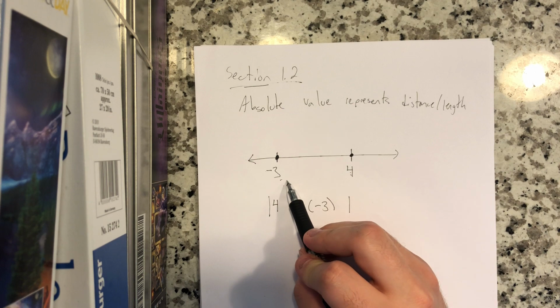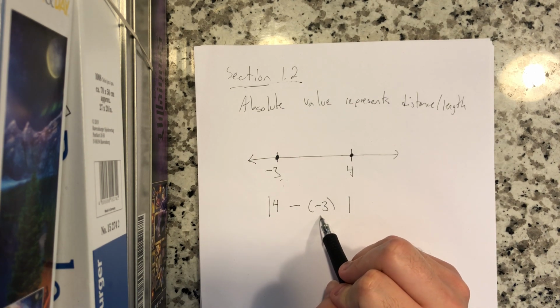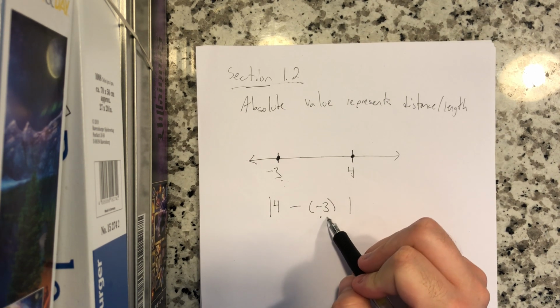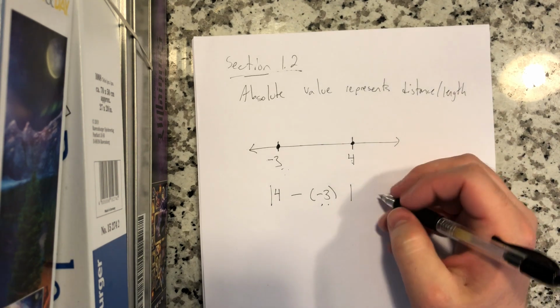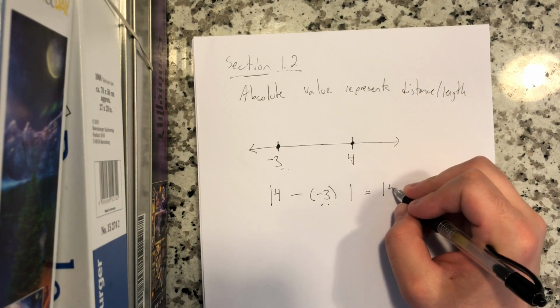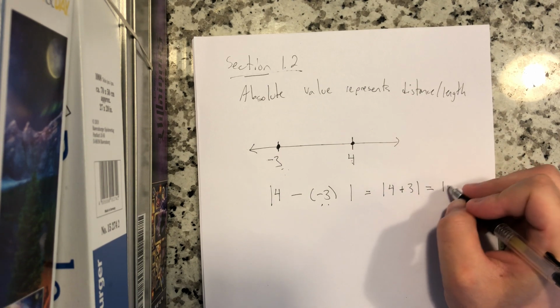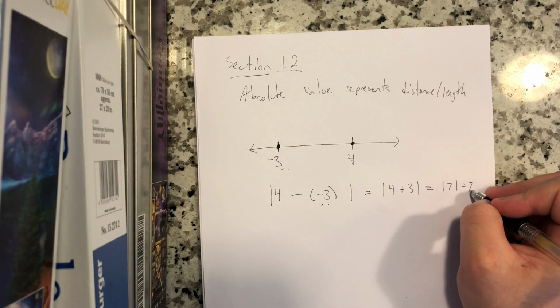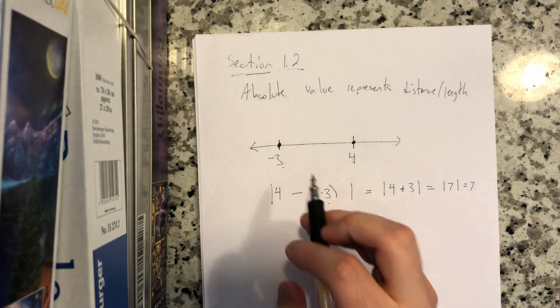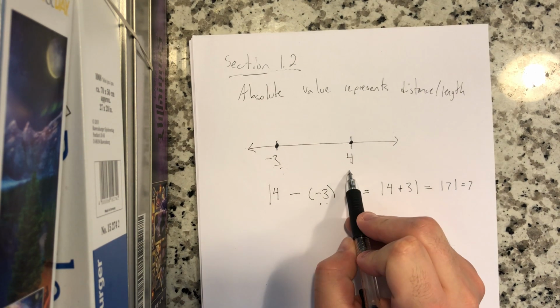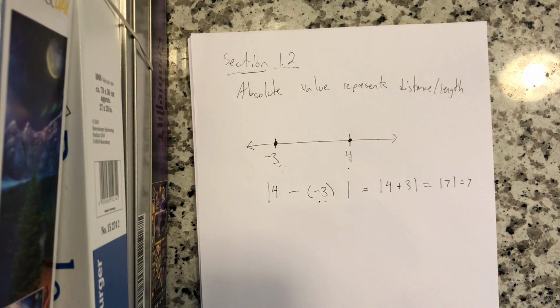So 4 minus -3, and if you guys recall, when you have a double negative, you need to switch that to a positive. So it's going to be absolute value of 4 plus 3, which turns into the absolute value of 7, which is 7. So that would mean to go from -3 to 4 is going to be a distance of 7.